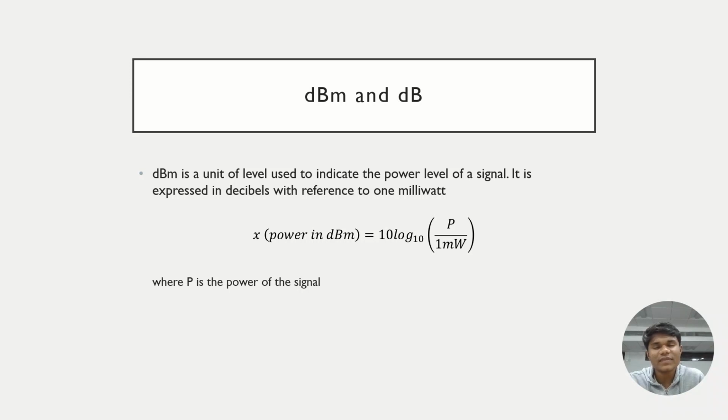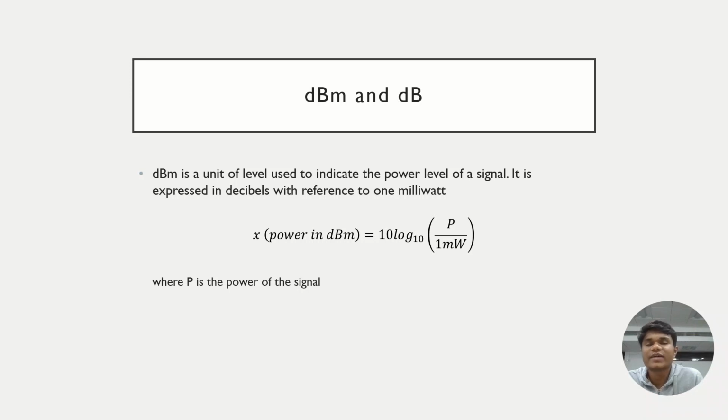As in, when the power level of signals goes down, we use this dBm unit to illustrate, or maybe how should I put it? We use this unit to give the power level of that signal.